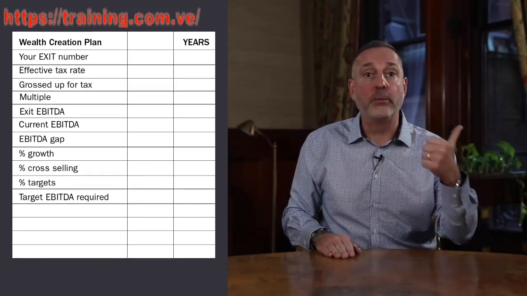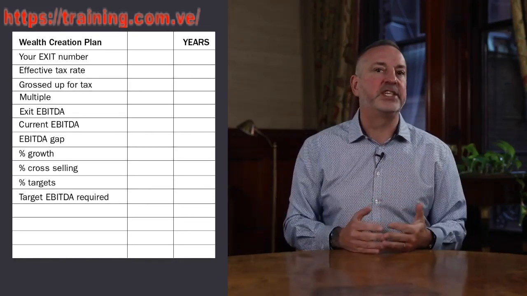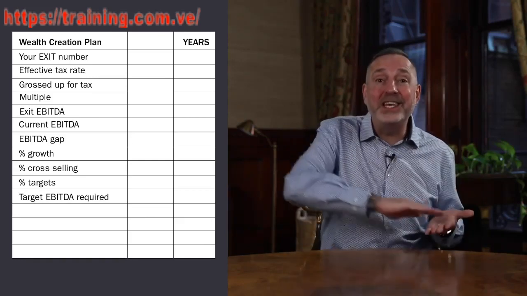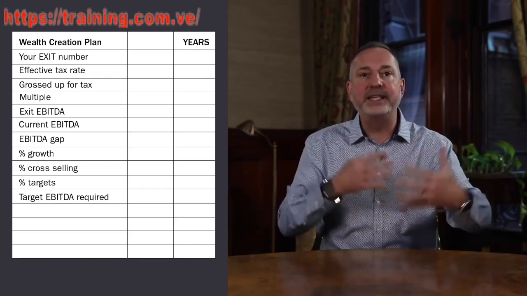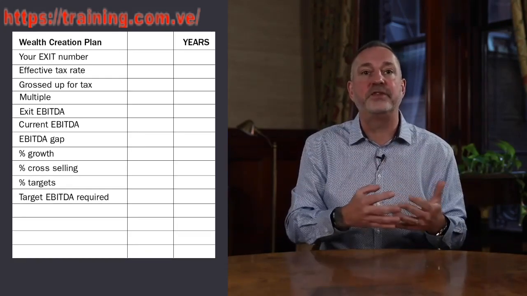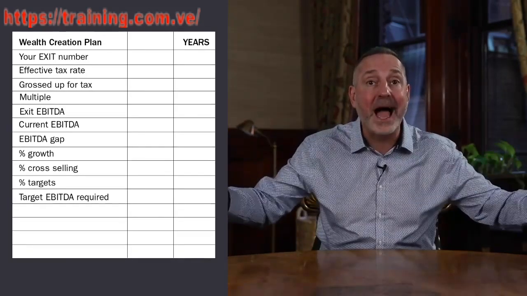It will come from normal organic growth. 10% is a conservative estimate for this. You'll also generate additional profits from cross-selling and the financial deal synergies that we discussed in earlier lessons.